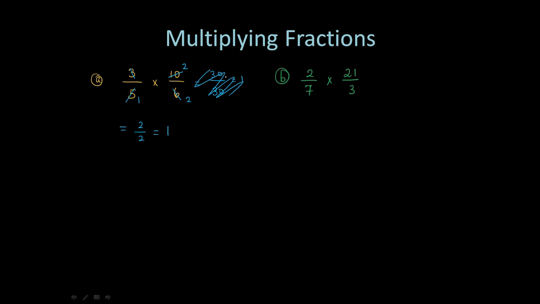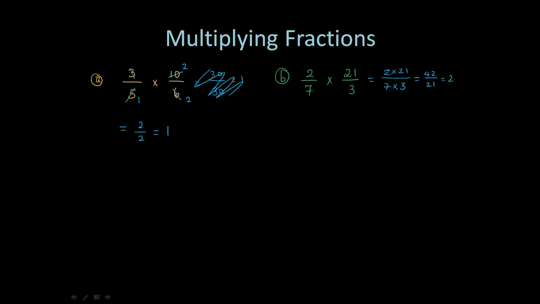Let's try this one. Again, here you could end up with 2 times 21 over 7 times 3. And you could say, well, this will give us 42 over 21. 21 into 42 goes in there twice. Or you could see it here too, and you could do it here as well.